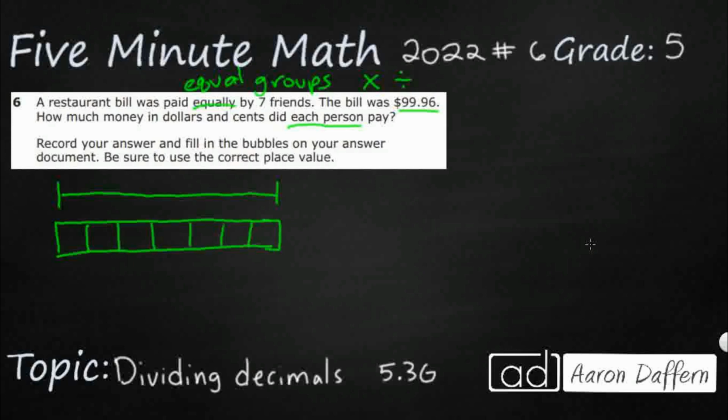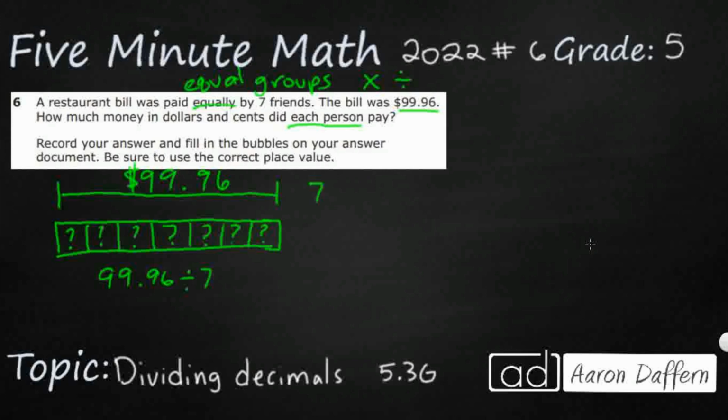We're just going to pretend like those are equal groups, and I've got $99.96 as my total, and I just don't know how much each person paid, but I know there are 7 of them. So to me, that seems like it's going to be a division problem. So let's just go ahead and divide this, right? We're going to divide 99.96. We're going to divide that by 7 to see how much each person pays.